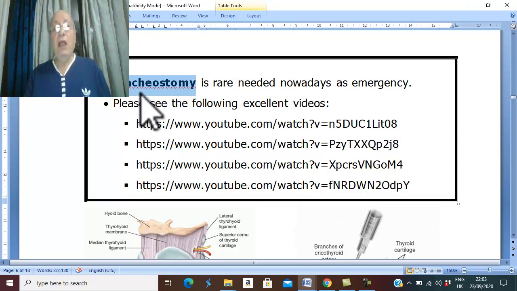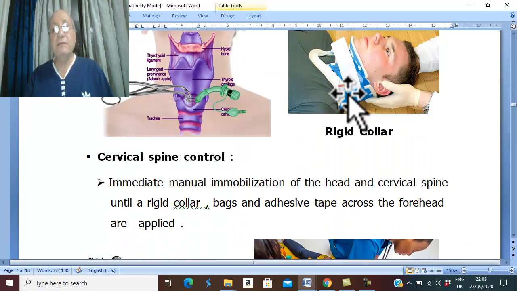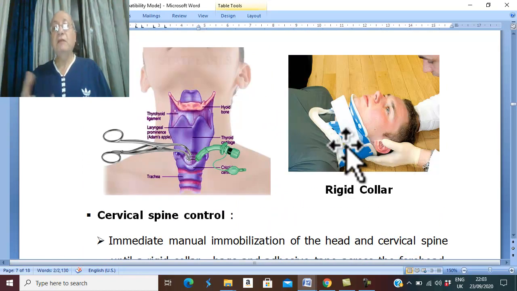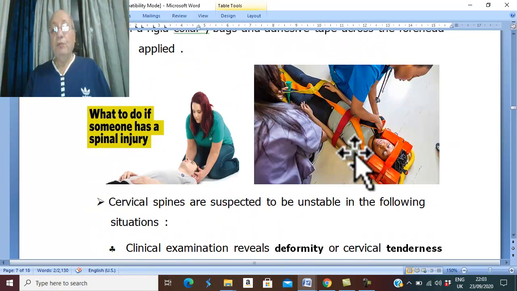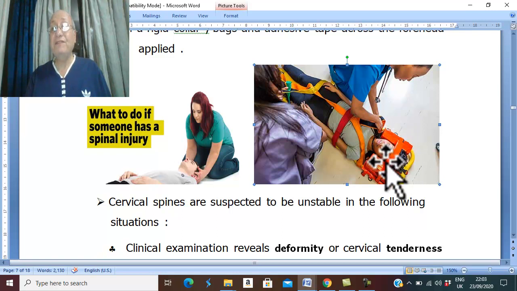How to control the cervical spine? Immediately once you see the patient after the accident, manual immobilization of the head and the cervical spine until we introduce this rigid collar and put on the sides of the head these bags to support the sides of the head, and apply adhesive tape across the forehead to fix the head.